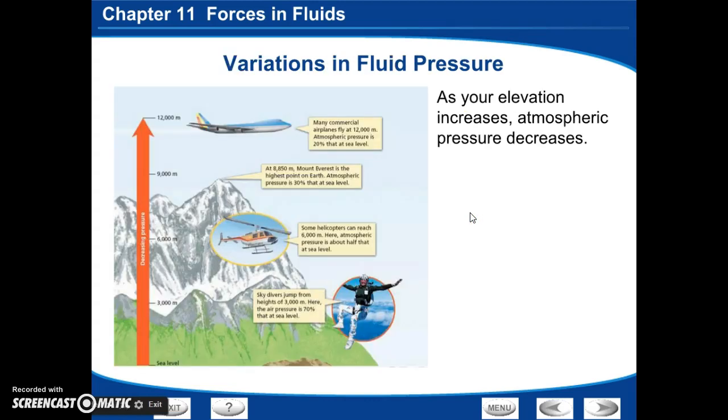There are a lot of variations that happen in fluid pressure. Let's think about atmospheric pressure. Here is sea level. As you rise up, the atmospheric fluid pressure becomes less. That's why you have to have pressurized cabins in an airplane, versus when you're at sea level, you don't need any kind of pressurized situation.